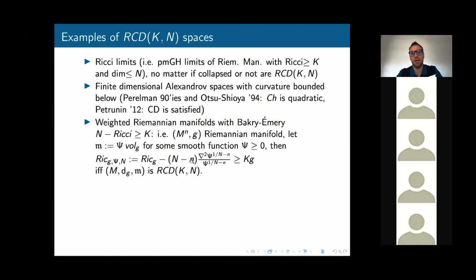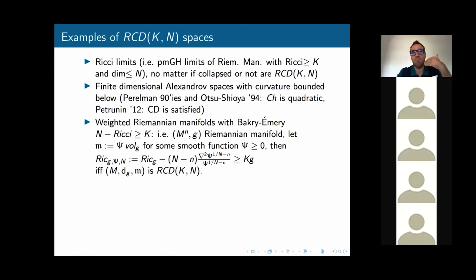And they observed that, from the point of view of Ricci curvature and functional inequalities, multiplying your volume by such a weight is actually changing the behavior of your space in terms of dimension.